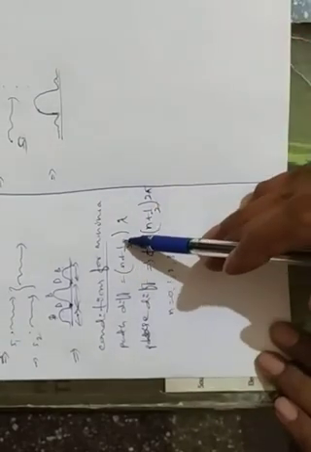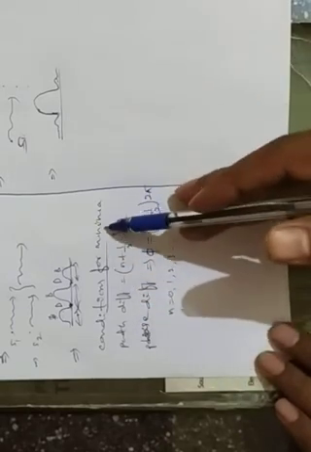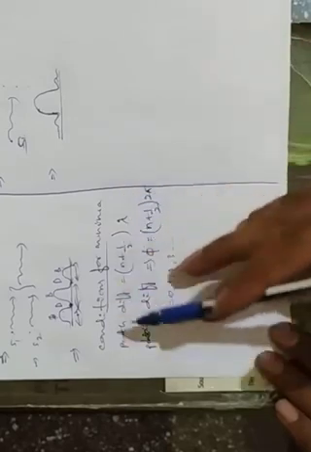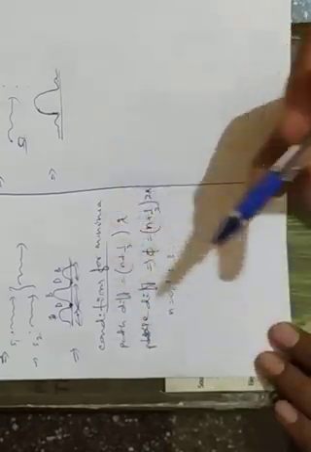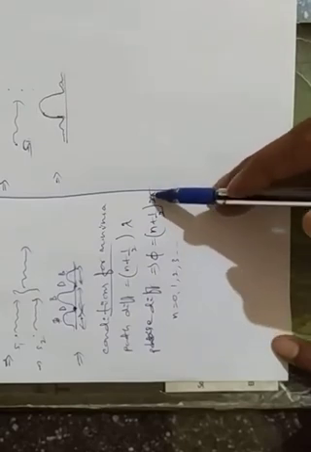So if n is equal to 0, 1/2 lambda means the path difference is lambda by 2, we get the minima. And the phase difference, if n is equal to 0, 1/2 times 2 pi, the 2 gets cancelled, giving pi.